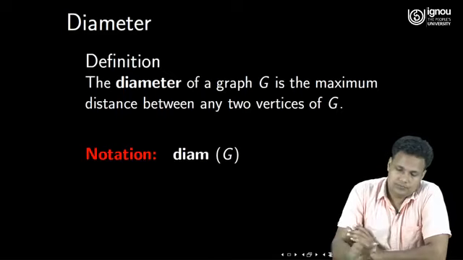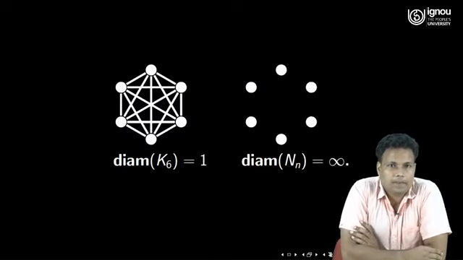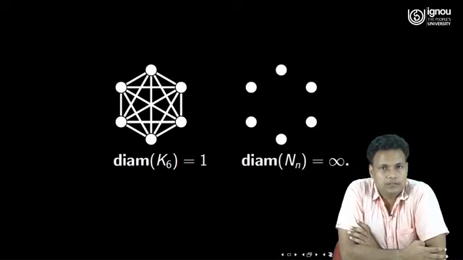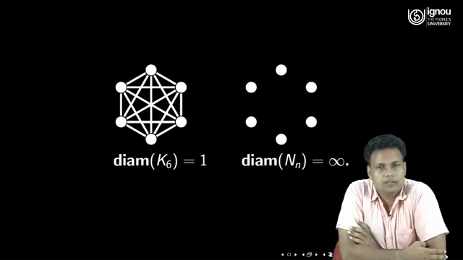It is easy to see that the diameter of a complete graph is 1. For instance, one such complete graph is shown here, K6. On the right you can see, every vertex is adjacent to every other vertex, so the maximum distance between any two vertices in this graph is 1, that is, its diameter is 1.